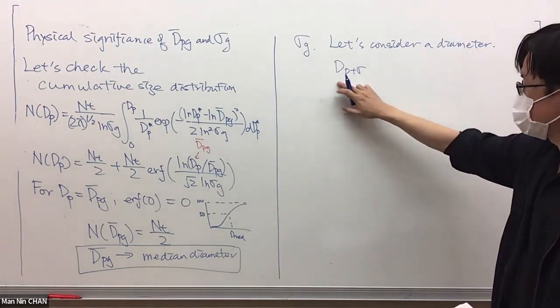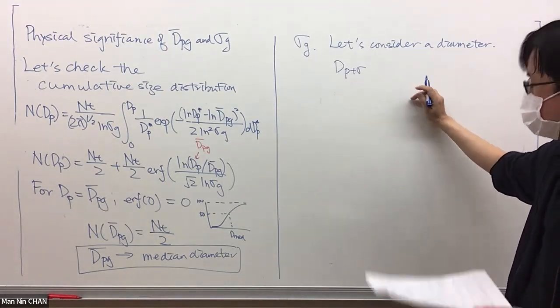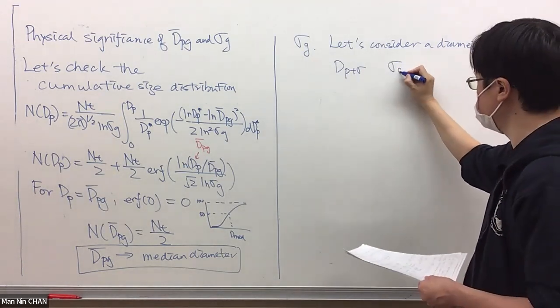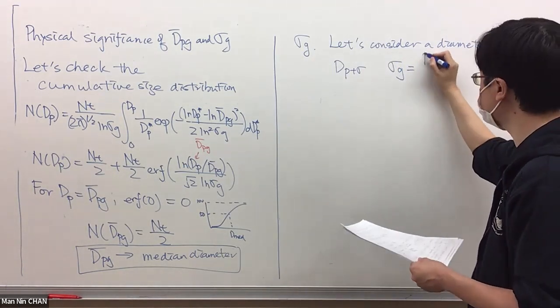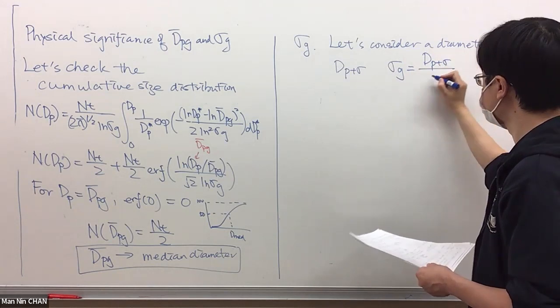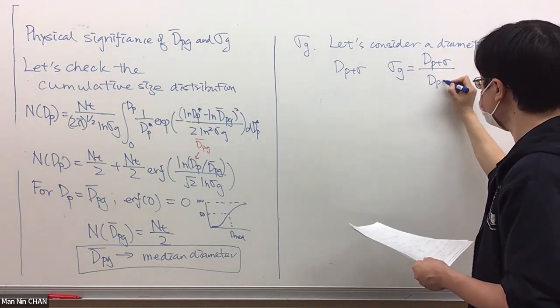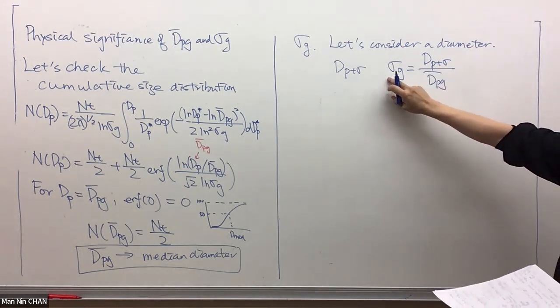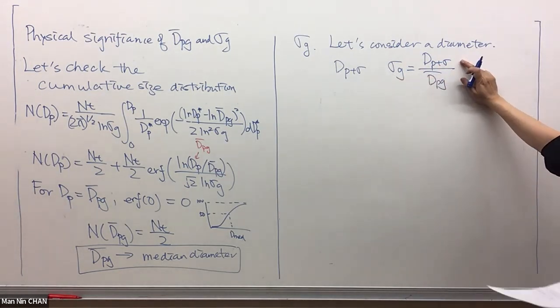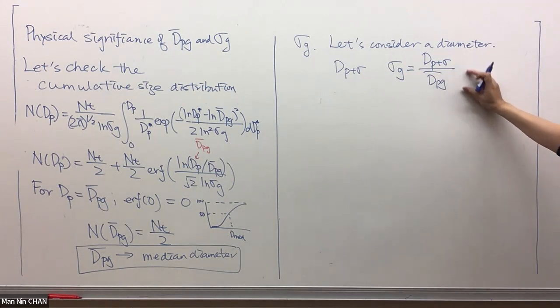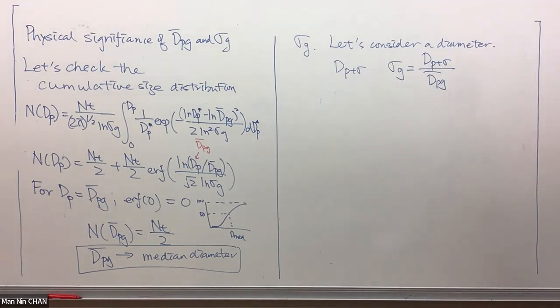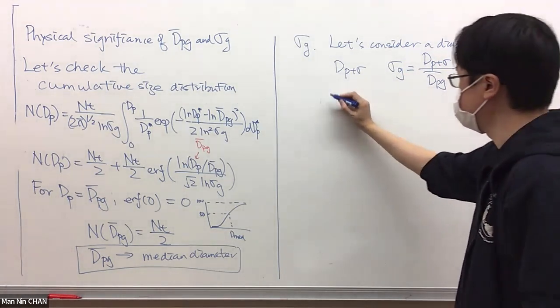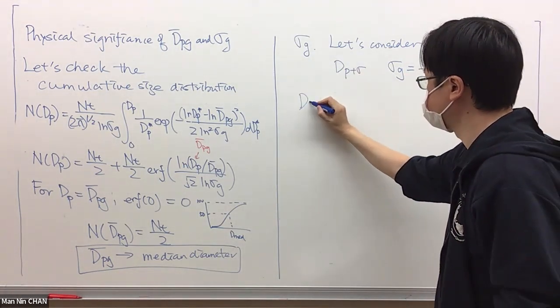So what's the meaning of this diameter? This dpg bar times this sigma G will give you the diameter that I'm interested in here. This is just by definition. So I'm just interested, we can also argue this.